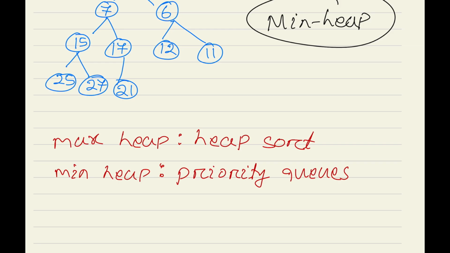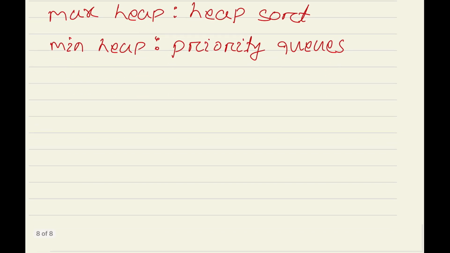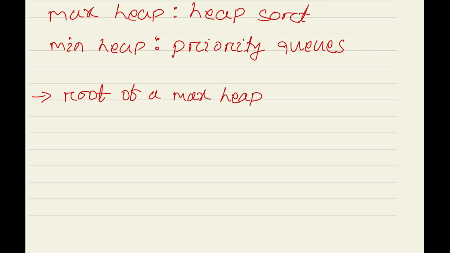So now we will see some properties of heap. Here you can observe the first one. The root of a heap, or I can explicitly write max heap. So root of a max heap always contains the largest element.